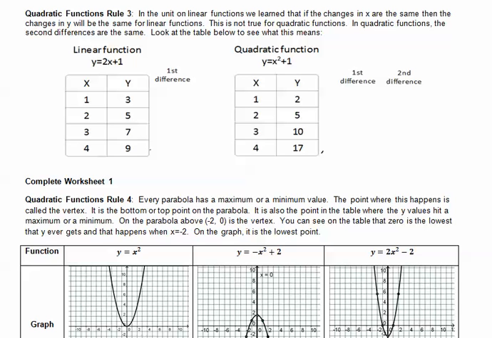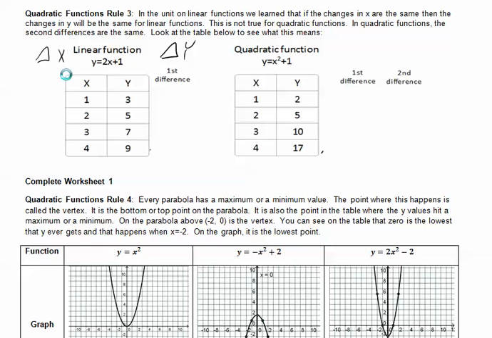To be able to tell from a table, one thing you could do is just graph it. If you graph it, then you could tell if it was linear or quadratic. But there's another way we can do it. We've been working in the past, especially with linear functions, with delta y and delta x for slope.